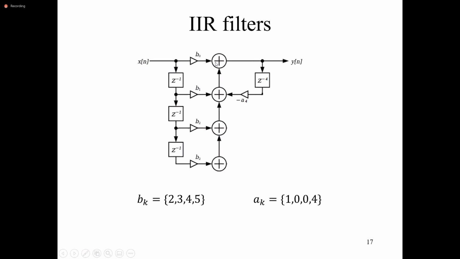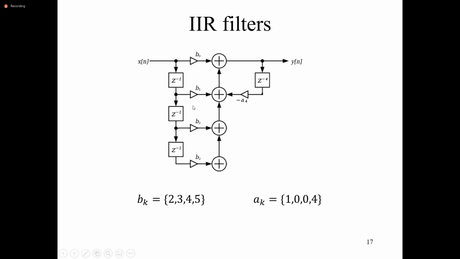This is still 2x of n, or b0 was 2, 2, 3, 4, 5. So at this point here, we still have 2x of n plus 3x of n minus 1 plus 4x of n minus 2 plus 5x of n minus 3.